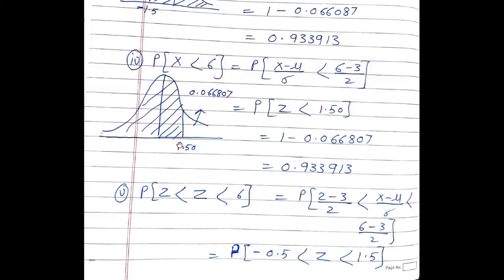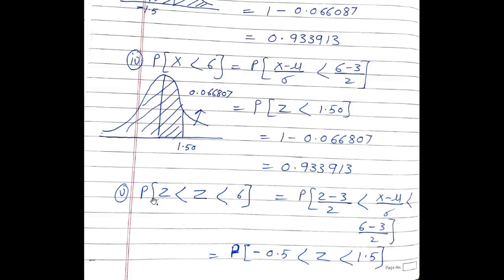But the value which I am going to get for 1.5 in the 0 column is the tail part of the curve. So this area is nothing but 0.066807, which I don't want. I want the left hand side portion and I can get the answer as 1 minus 0.066807. So the final answer is 0.933193. So both the answers are the same.